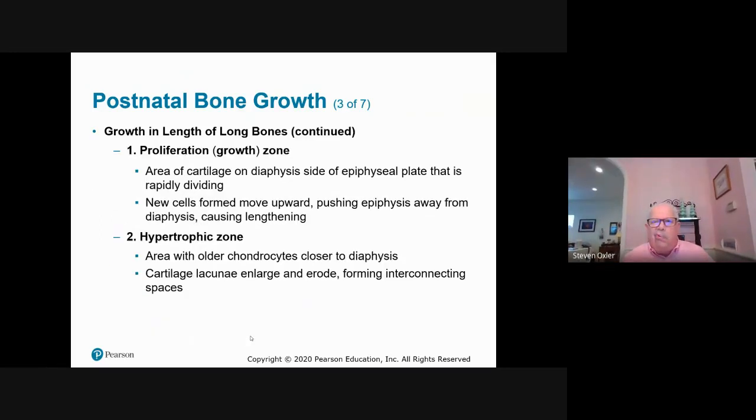Remember, you're growing as you get older. Once you reach puberty, growth stops. That's very important to understand. The growth zone is exactly what it is. New cells are formed, pushing the epiphysis away from the diaphysis, causing bone lengthening.